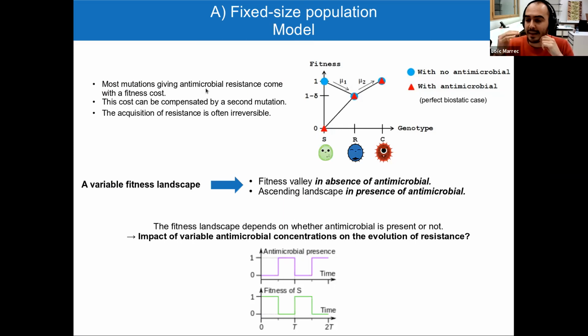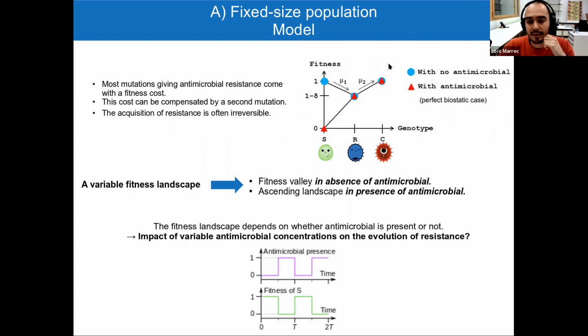So it means that the resistant microbes divide slower than the sensitive microbes. Second, this cost can be compensated by a second mutation, and we can assume that the acquisition of resistance is often irreversible.